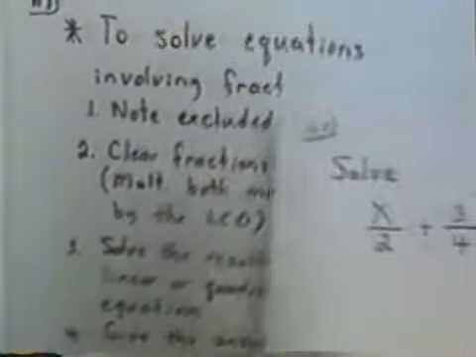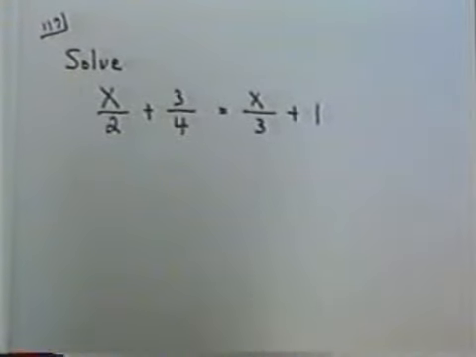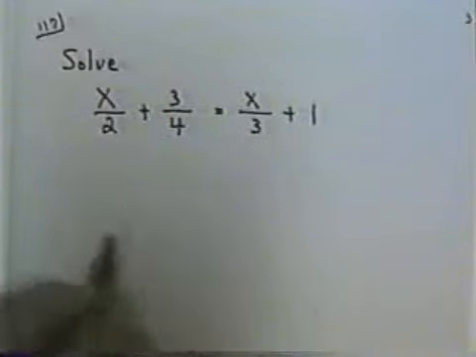Let's start with an easy example that does not involve variables in the denominator. Let's solve x divided by 2 plus 3/4 equals x divided by 3 plus 1. I need to note excluded values.